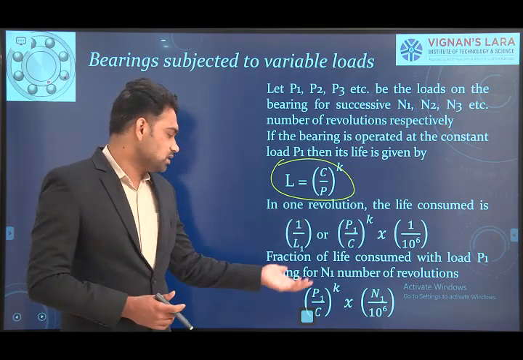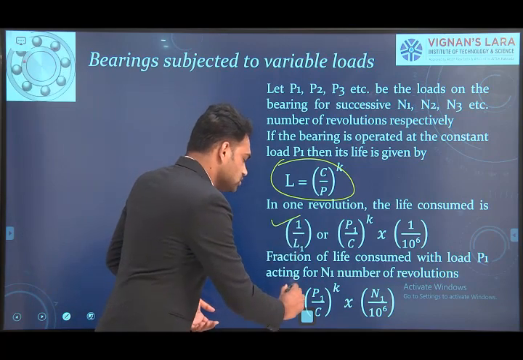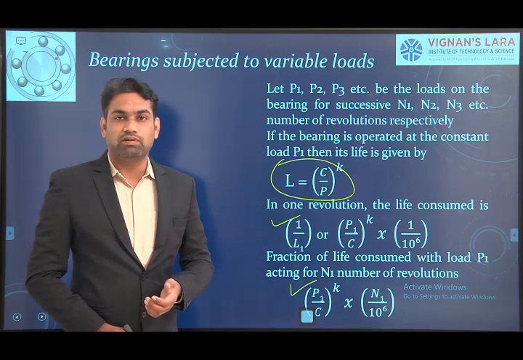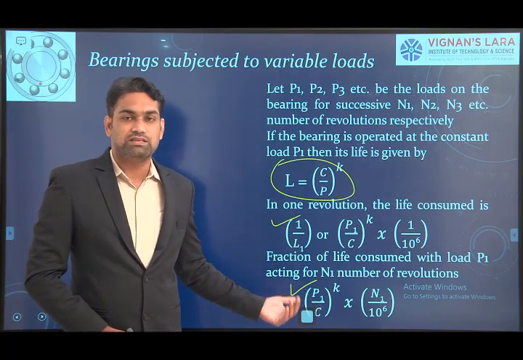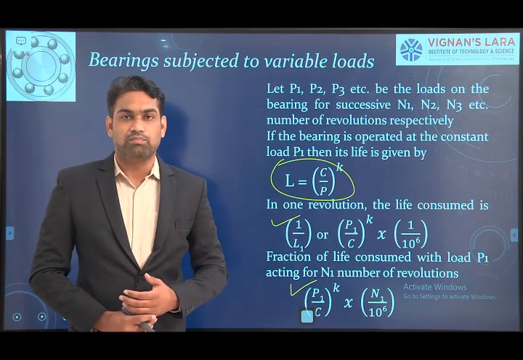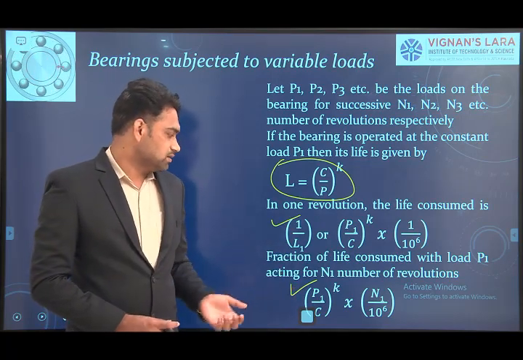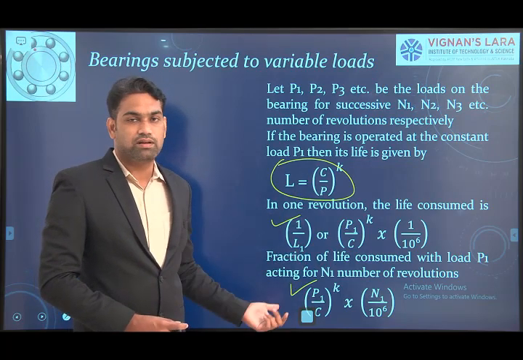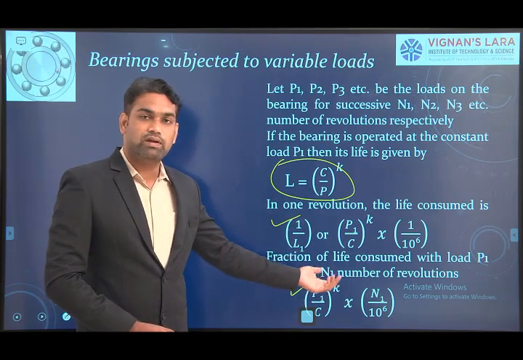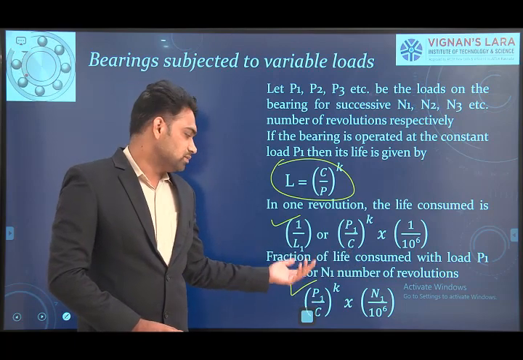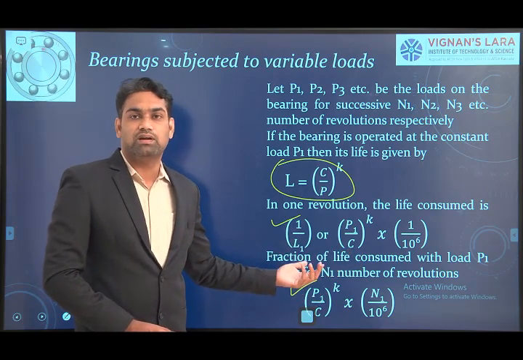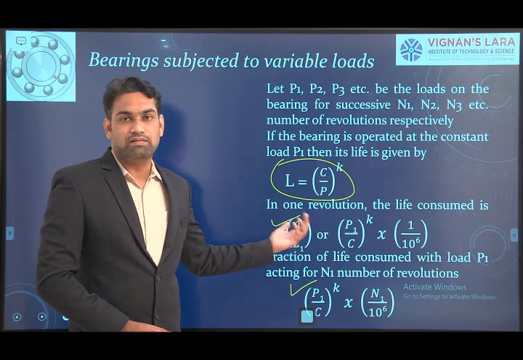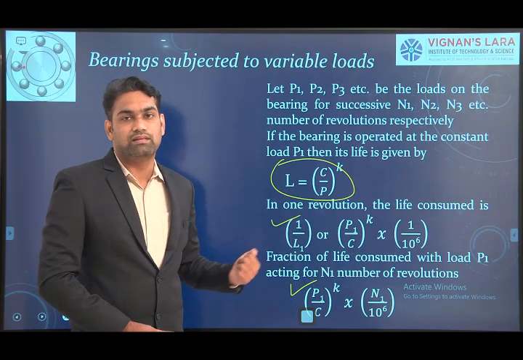The life consumed for N1 revolutions is (P1 by C) whole power K into N1 by 10 power 6. Similarly, for N2 revolutions it is (P2 by C) whole power K into N2 by 10 power 6, and for N3 revolutions it is (P3 by C) whole power K into N3 by 10 power 6.